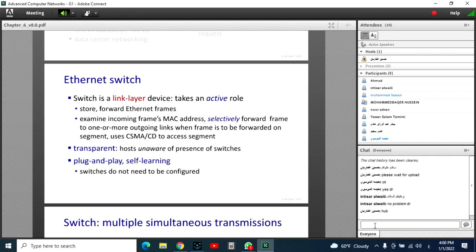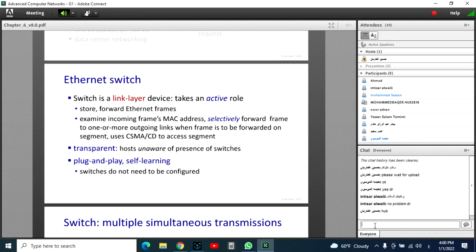Because the data received from port number 1 will be resent over into port number 2, number 3, number 4. So those ports are busy, and the hub cannot send or receive other data. It's a limitation, I know. So what's the solution?